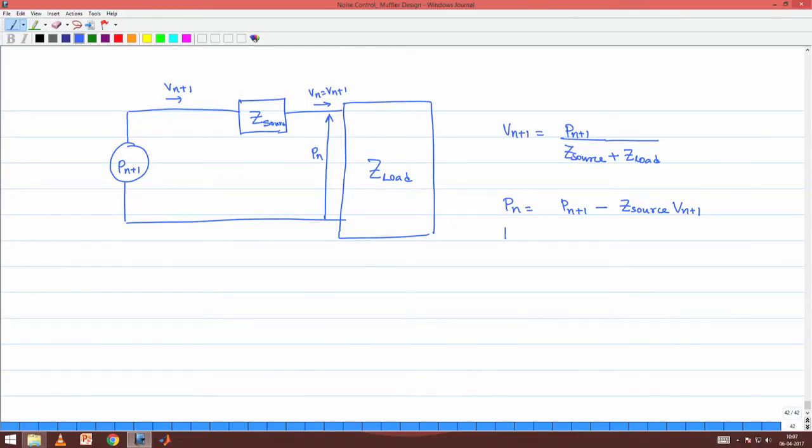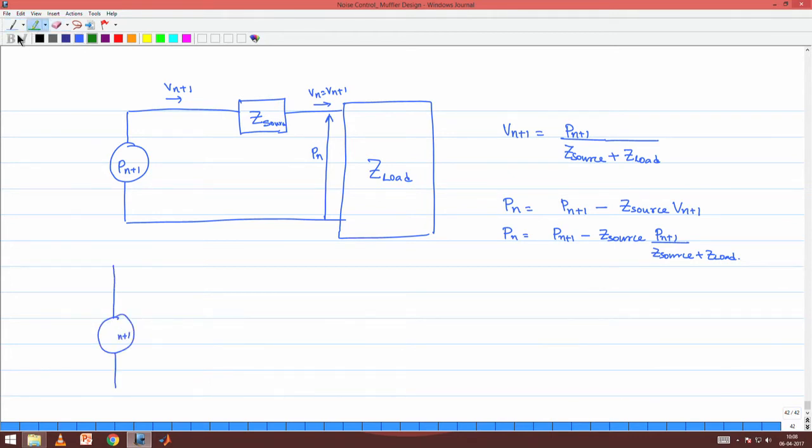So, therefore, you could as well write this as P n equals P n plus 1 minus Z source into P n plus 1 divided by Z source plus Z load. Okay.